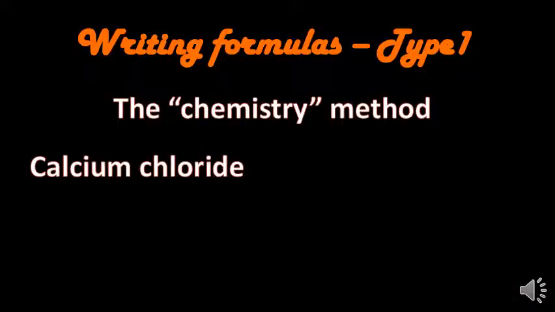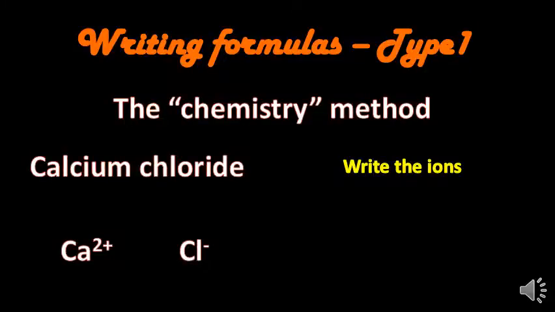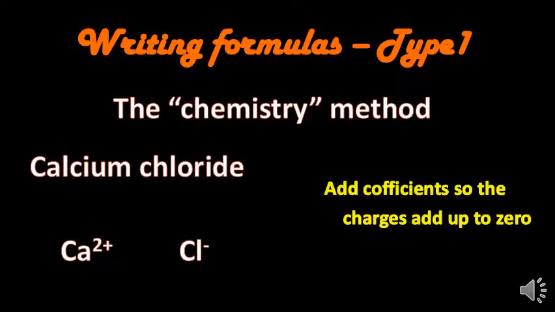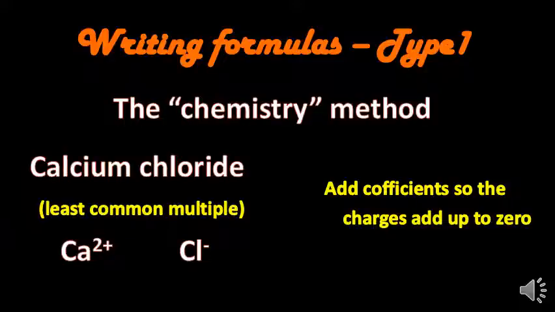The better way to write them is what I call the chemistry method. And since you guys are in AP, you should probably write your formulas this way. You're going to start off again by writing the ions, calcium and chloride. Now you want to add the coefficients so that the charges add up to 0. And you get that by finding the least common multiple. And the least common multiple between 2 and 1 is 2.